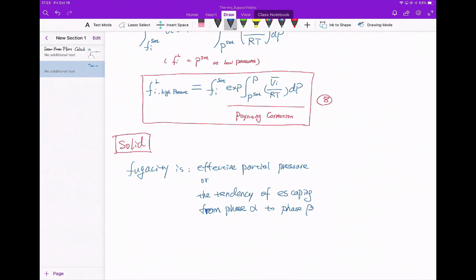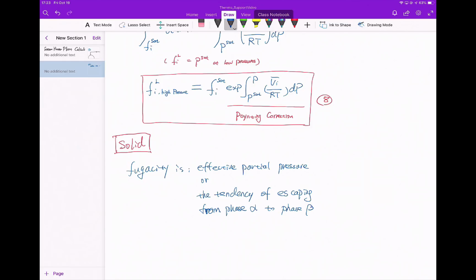beta. So now if you try to check on the physical meaning of fugacity, you feel like, hey, for a solid, I'm not going to lose too many atoms from the solid phase into a liquid phase or into the vapor phase. So this is why, in general, the discussion of solid fugacity is not too interesting.